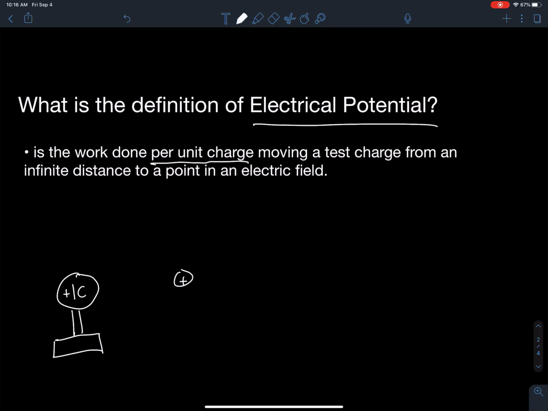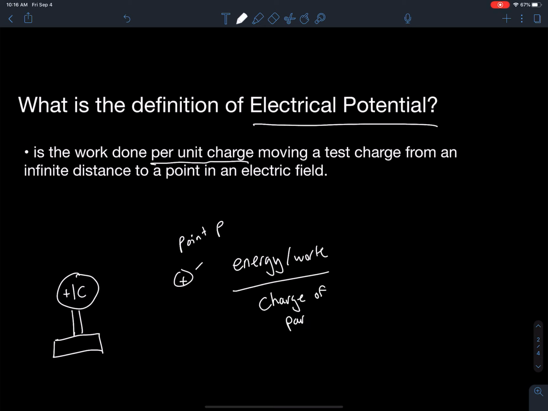Electric potential at this point, at point P, according to the definition, is the energy or the work that I did divided by the charge of the particle, which is equal to joules per Coulomb. So that's electrical potential. Electrical potential energy is just joules.